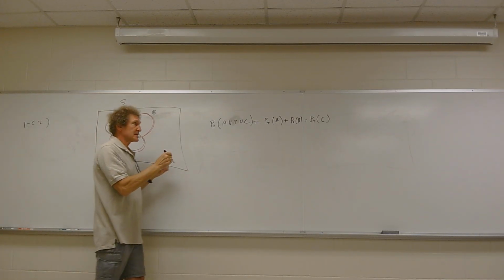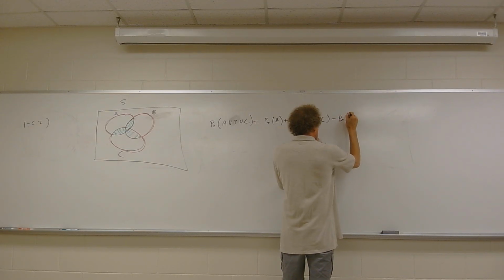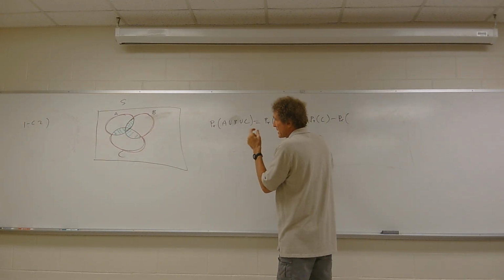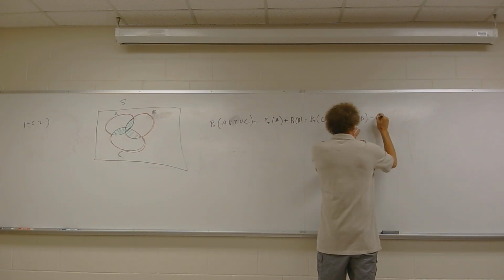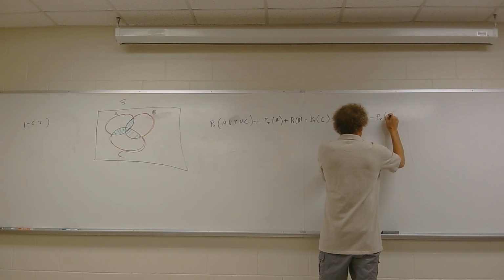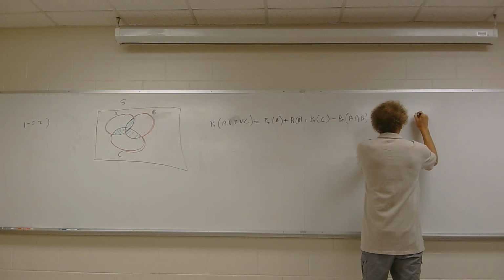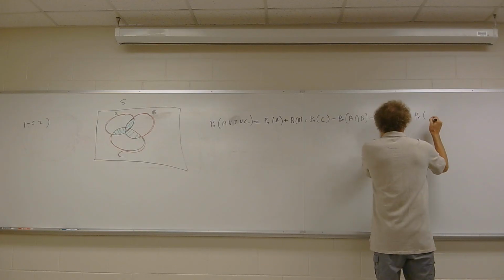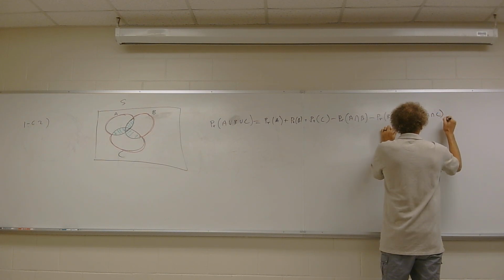So I'm going to subtract off the probability of A intersect B, minus the probability of B intersect C, minus the probability of A intersect C.